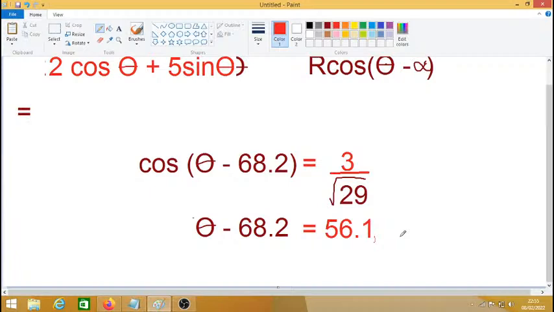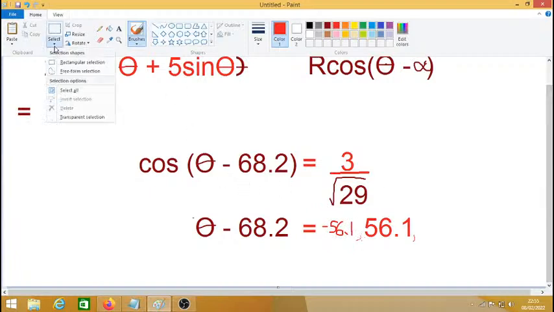So there is one other answer, which is minus 56.1 degrees. So let's squeeze that in as well. Not just one answer, but many other answers. One of them is minus 56.1 degrees. The other answers we can ignore because they go above the 360 limit for this question.